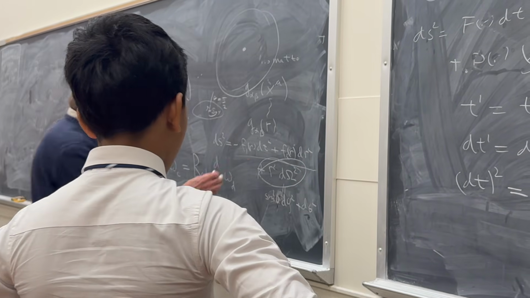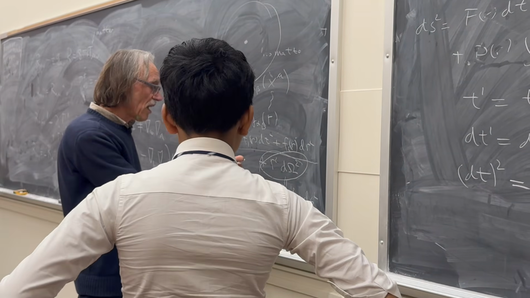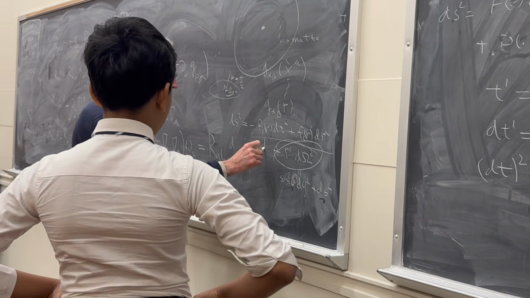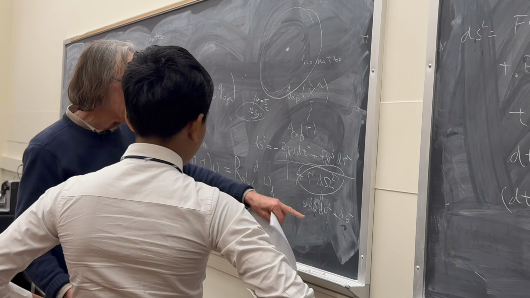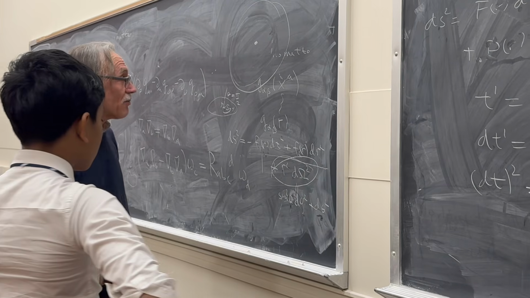Because now we know what a metric tensor is. The metric tensor is diagonal because there's d phi squared, d theta squared.